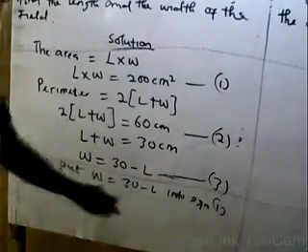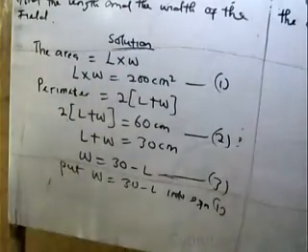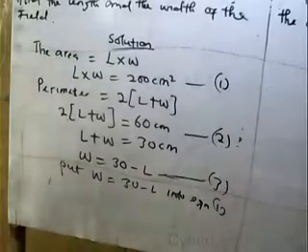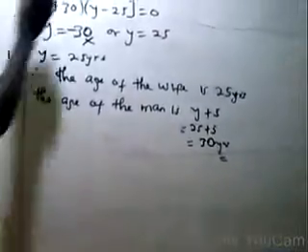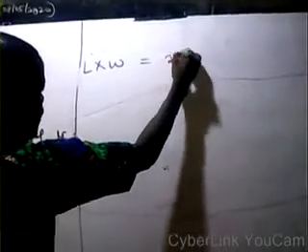So we have 30 minus L to be substituted here. We have L times W here, which is 200.